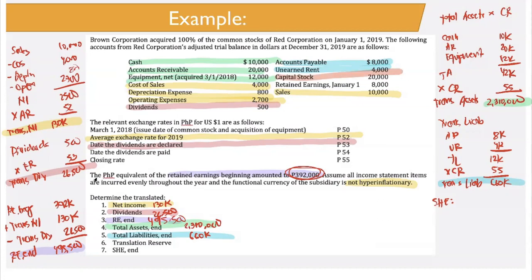Our capital stock was issued at 50, so 50 times 20,000 is 1 million, plus retained earnings ending, which is 495,500. So our translated shareholders' equity is 1,495,500.